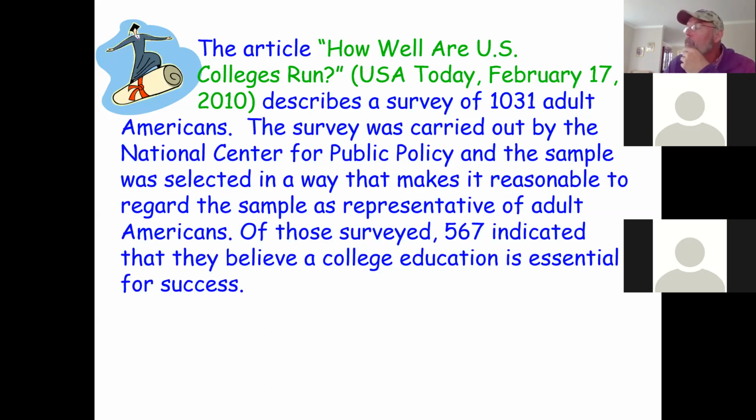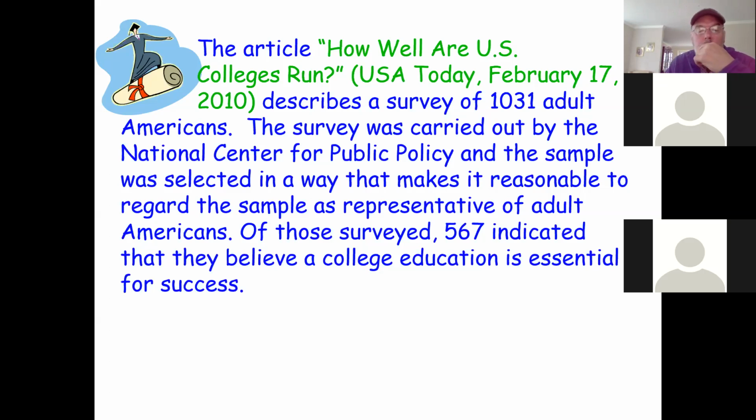P hat. Okay, P hat is a good guess, but P hat is going to be the sample proportion, and P is going to be the population proportion. Okay, does that make sense?